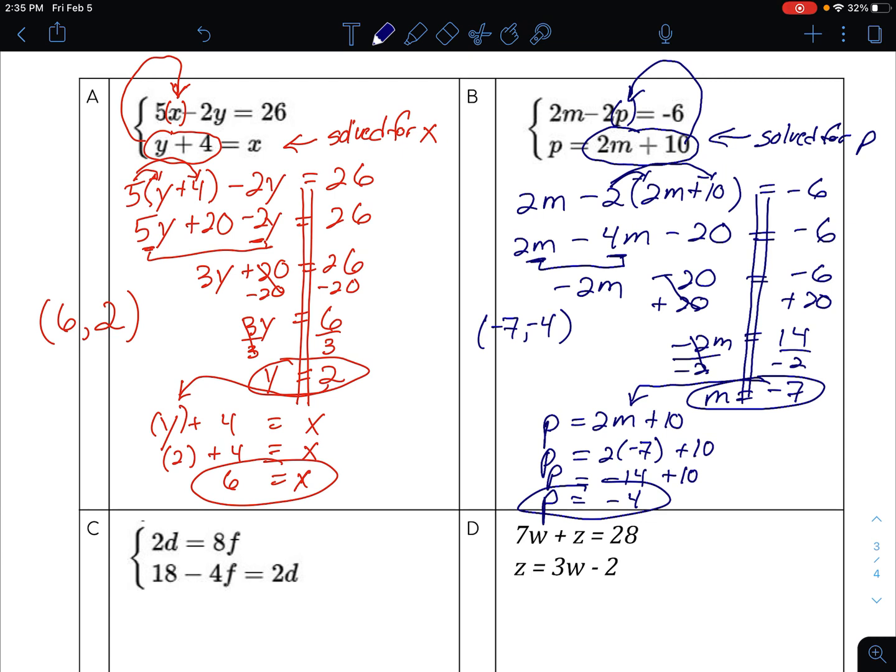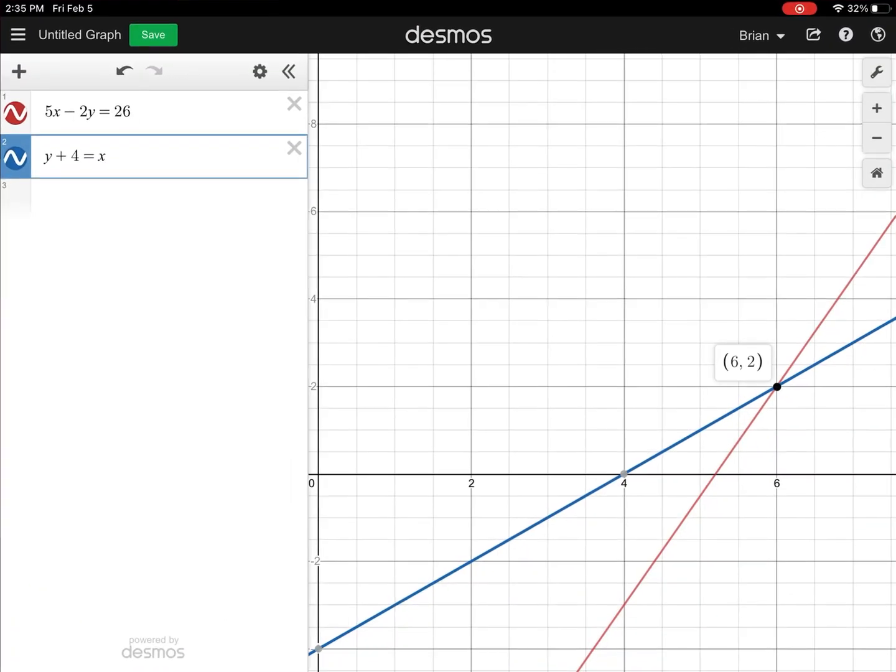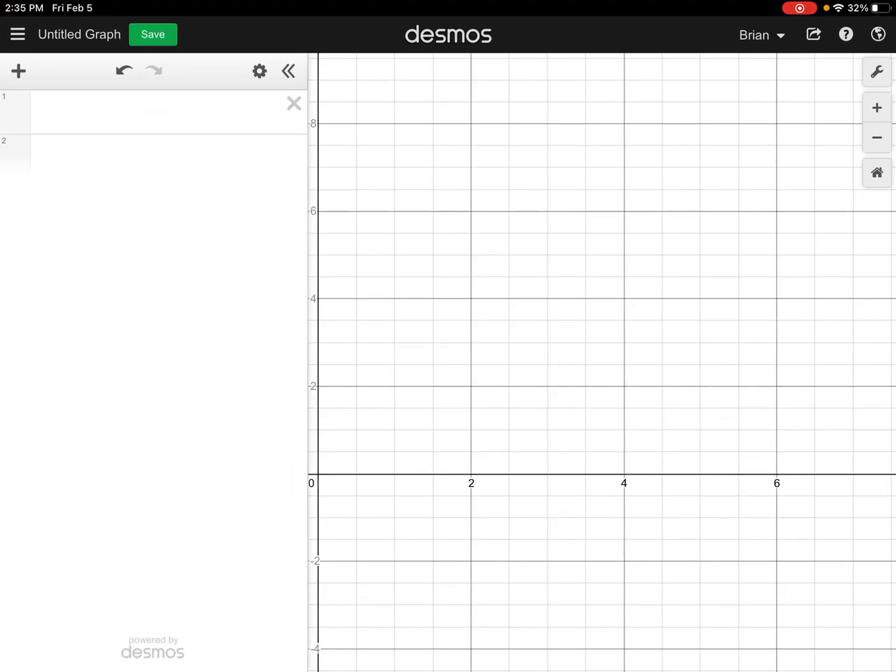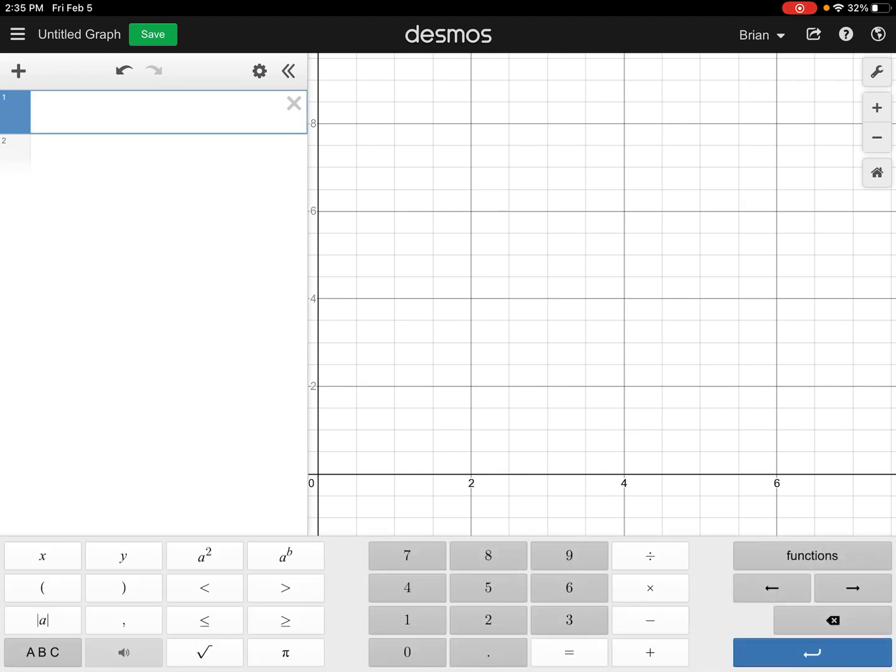So these two equations should cross at negative 7, negative 4. Let's check that out. See if we did that correctly. I can't use m and p, so I'm going to use x. So 2x minus 2y equals 26 was our first equation, and then our second equation was, let's see, oh, wait a sec, I just typed in the first equation.